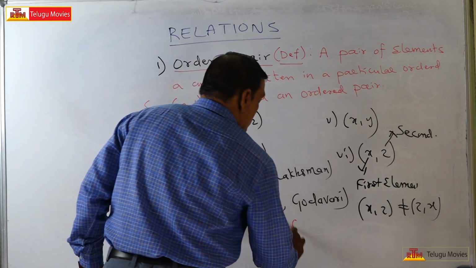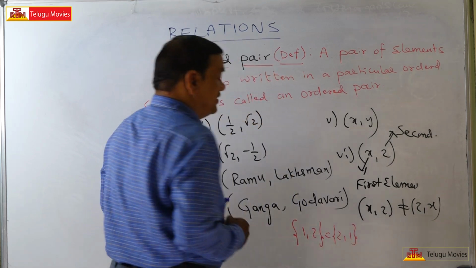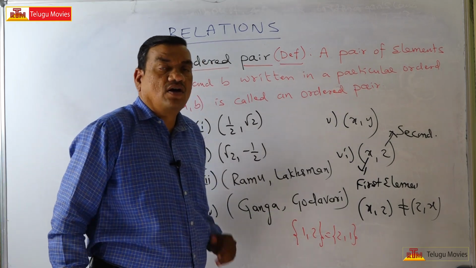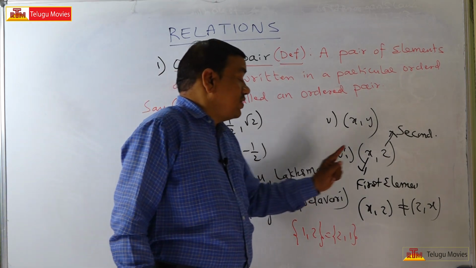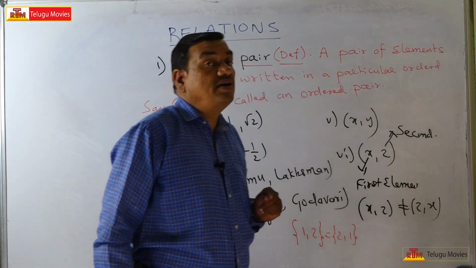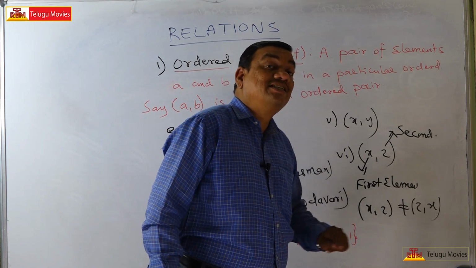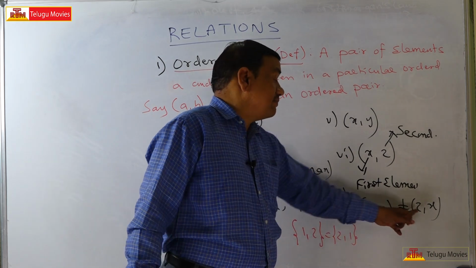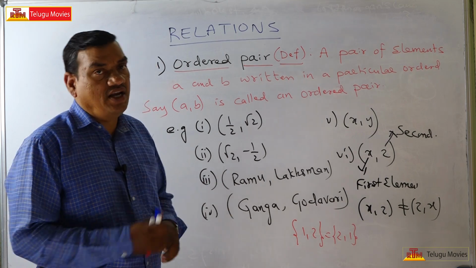For example, the set {1, 2} is the same as the set {2, 1}. In a set, the order of the elements is not important. But in an ordered pair, the position of the element is also important. Here x is in first place, but there x is in second place. Here 2 is in second place, but in the other ordered pair it is in first place. Therefore, they are not equal.